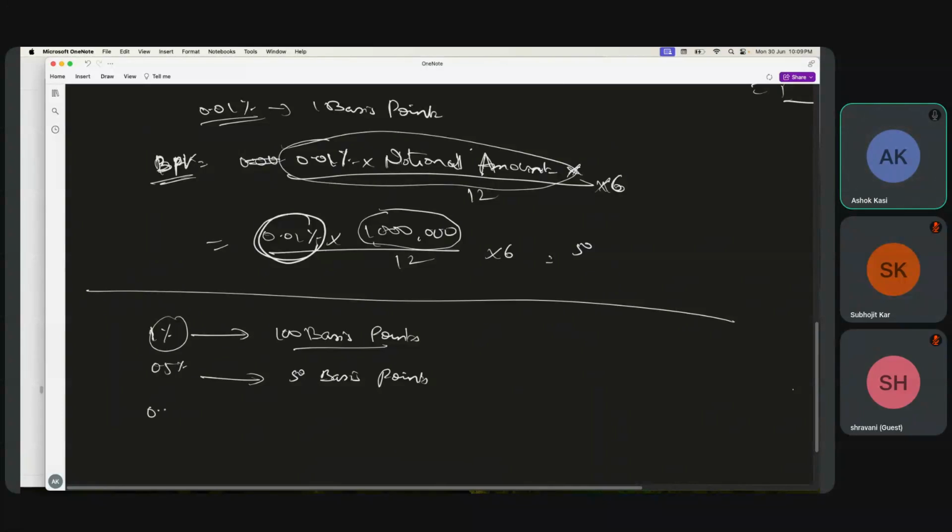Then 0.25 percentage is called 25 basis points. Now, when you see news, when RBI comes up with monetary policy, they will say we have reduced interest rate by 25 basis points, or we increased interest rate by 25 basis points.